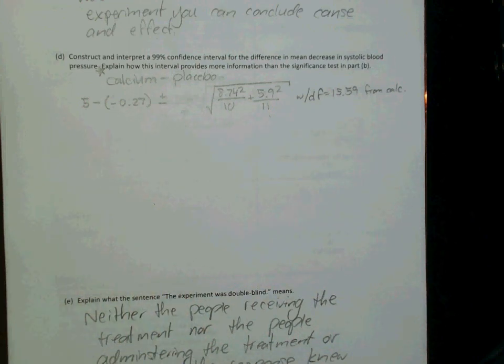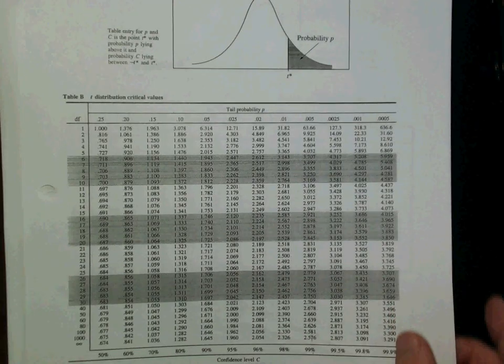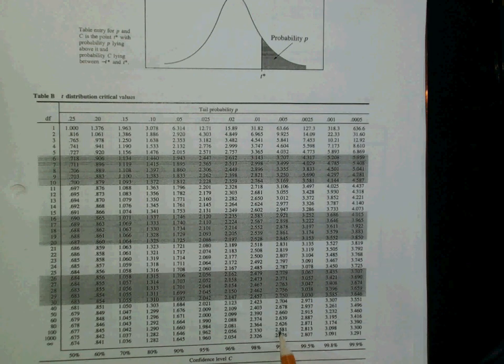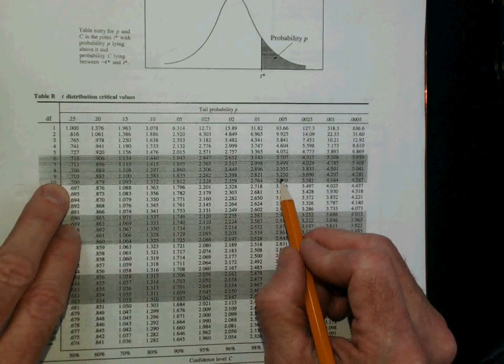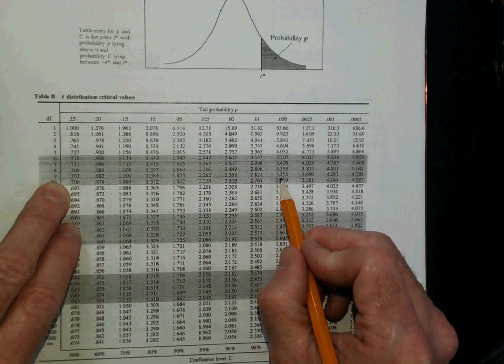I'm going to have to plug in my critical t. If I pull up my t table, oh, you could have also done this on the calculator, I didn't even think of that. But 99% going up, if you use degrees of freedom of 9, the critical t would be 3.25.